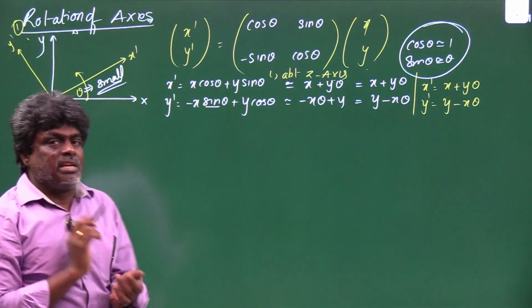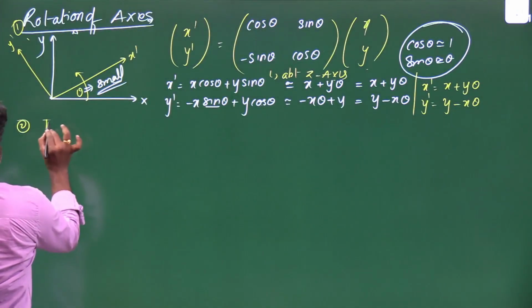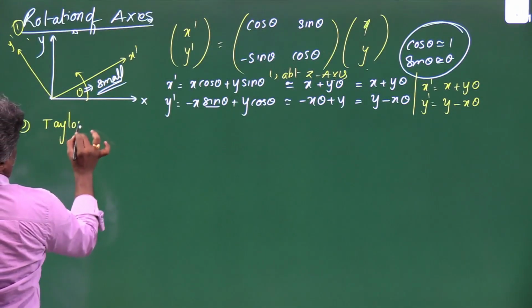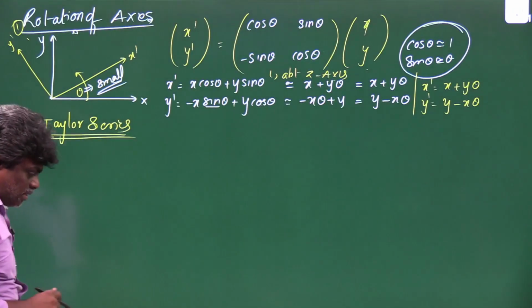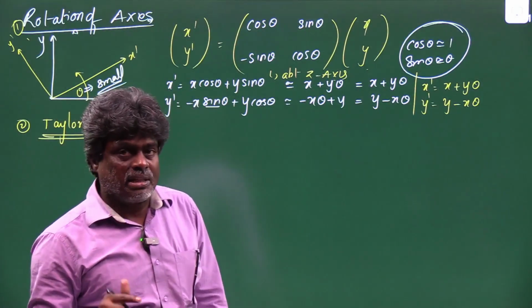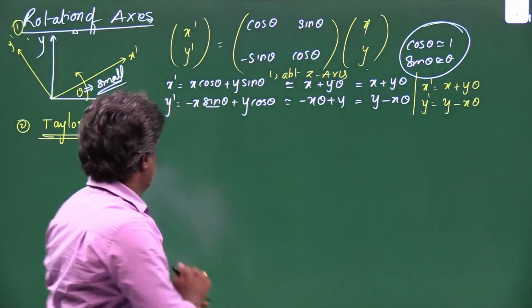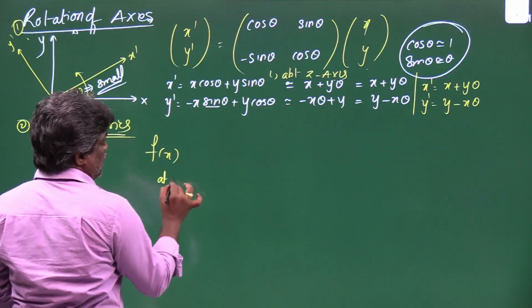Next, one more thing is required, that is Taylor series. Sir, Taylor series has two forms. One is f of x expansion at x equal to a. There is a function f of x, you want to expand at x equal to a.